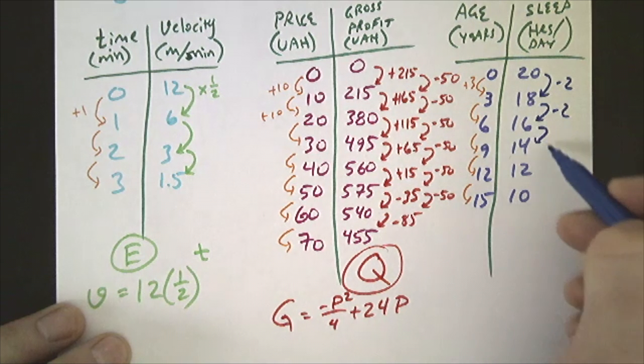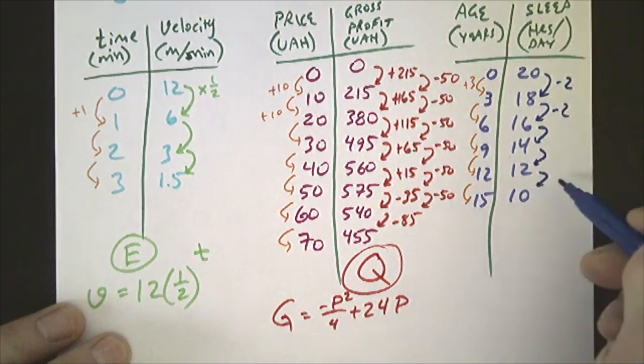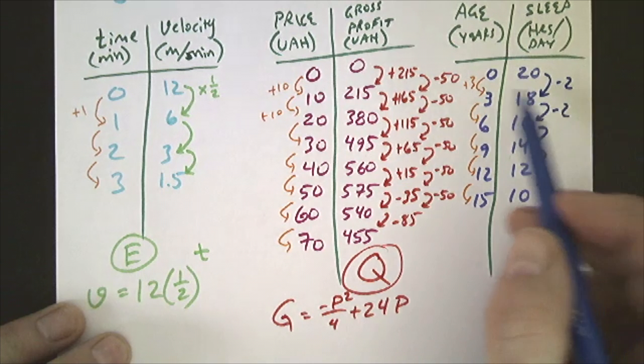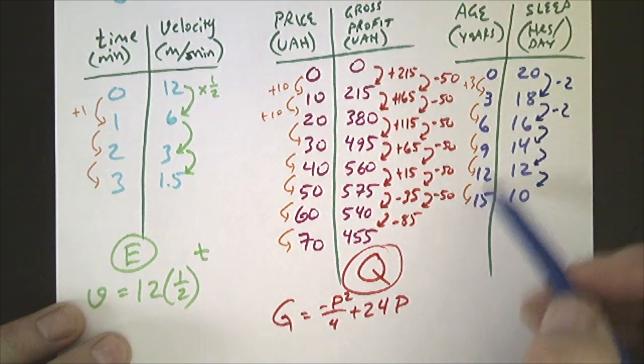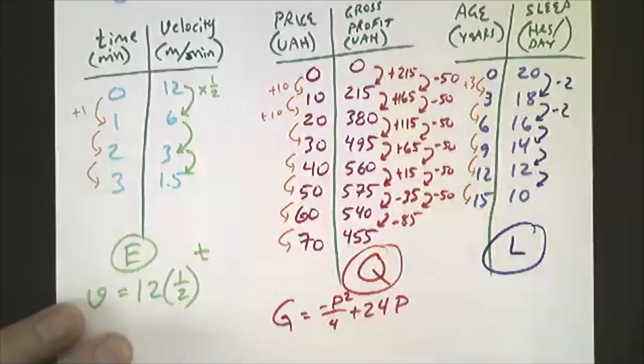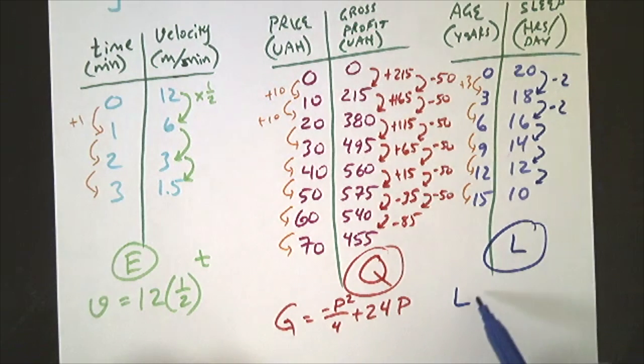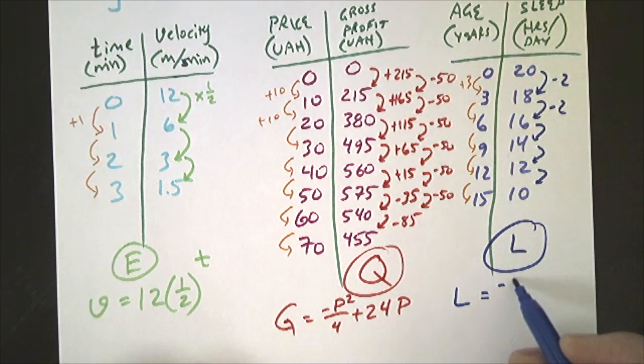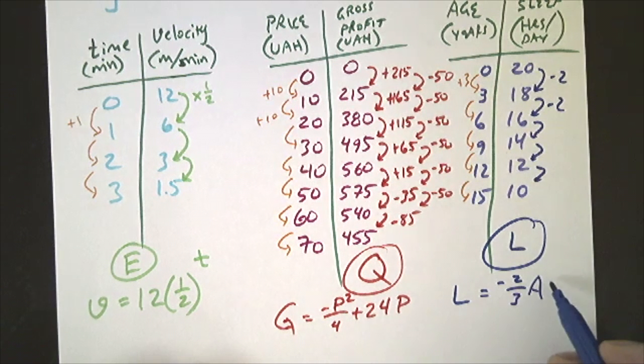All the way down is subtract 2. So if this has a constant change, along with this has a constant change, that would be modeled with a linear equation. Sleep, L, is equal to, for this data set, negative 2/3 A plus 20.